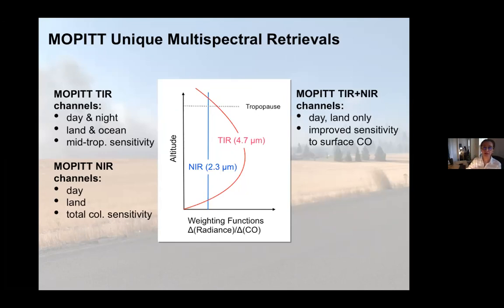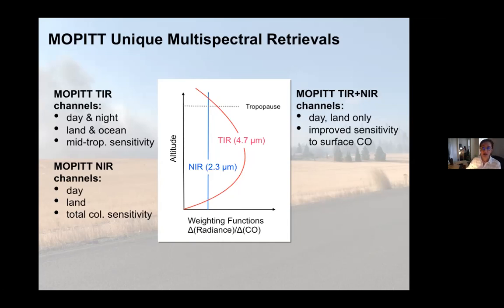The near infrared measurements only allow retrievals during the day and over land because we are measuring solar reflected radiance. So that is only possible during the day, obviously. And over water, the incoming solar radiance is absorbed by the water, so there is no signal that the instrument can measure.